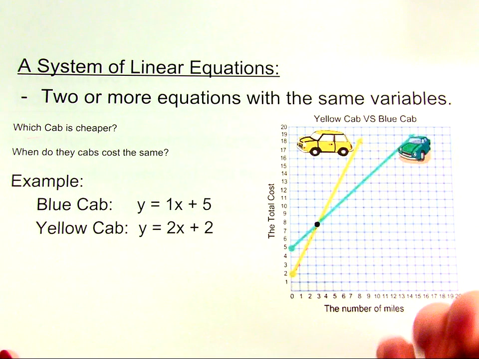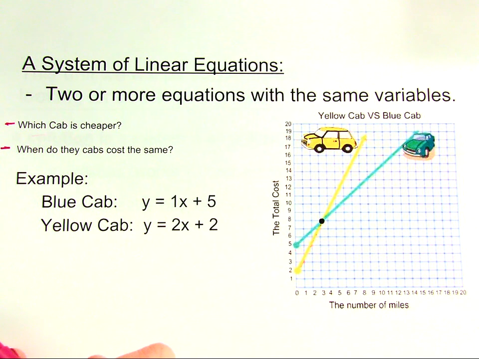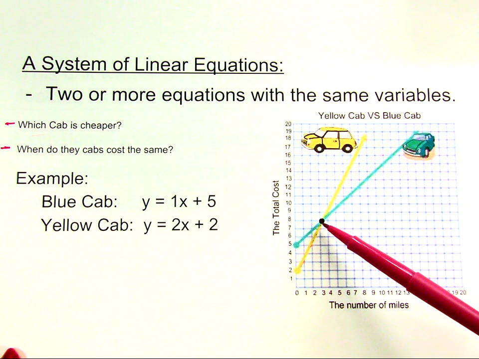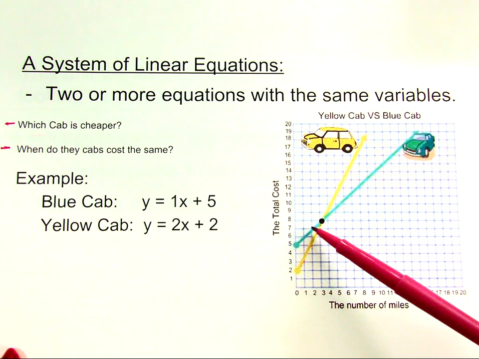So why might we want to look at a system of equations? Well, we might have these questions to answer. Which cab is cheaper? And the answer is it actually depends on the number of miles you're going to travel. If we notice before this point of intersection here, the blue line is higher up on our graph, which means that's actually the more expensive one, right?